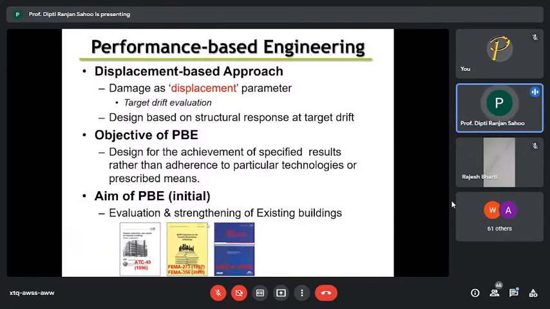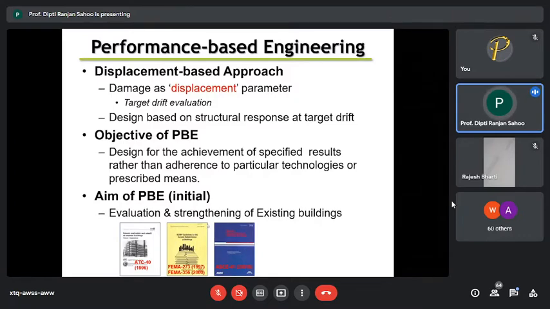So performance-based design is more towards a displacement parameter and is mostly called the displacement-based approach. The objective of performance-based engineering is to design a structure to get some specified results.